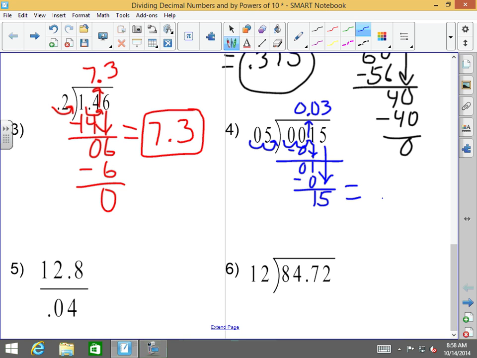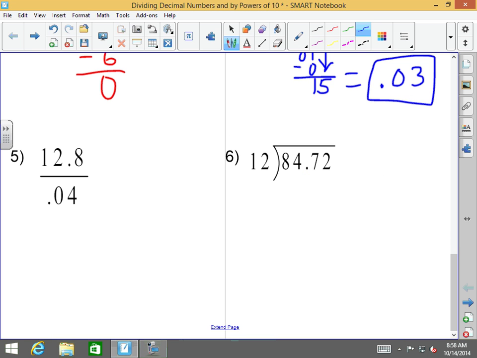So my answer is 0.03. Again, decimal placement is essential here. If you don't have your decimal placement, my brothers, you're often going to get it wrong. So please, if you have any questions on decimal placements, let me know.